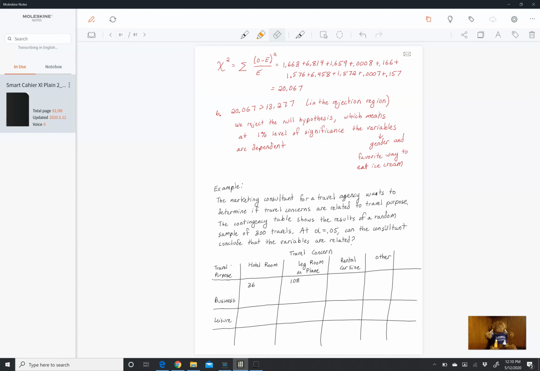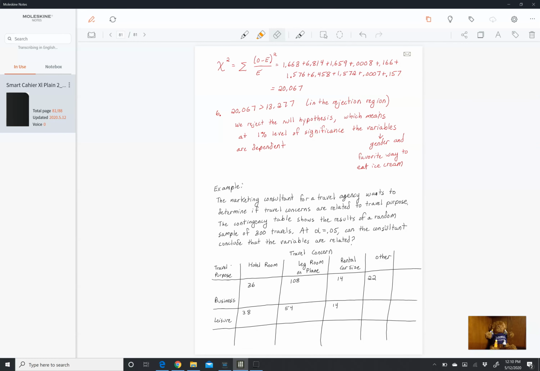In other words, 108 people who are traveling for business, and leg room on the plane is their biggest concern. Okay. Rental car size is 14 and 22. Here at leisure, we say 38. We say 54, 14.